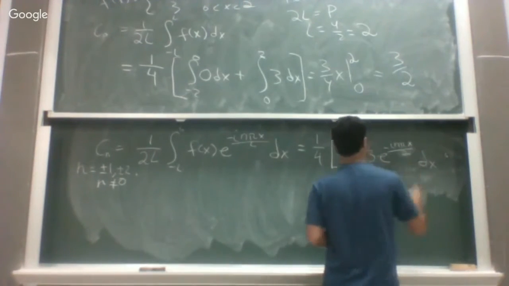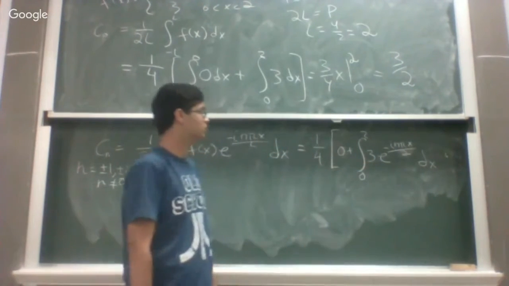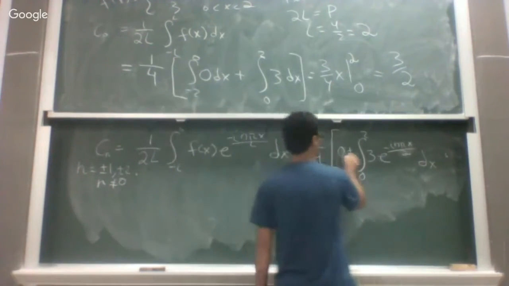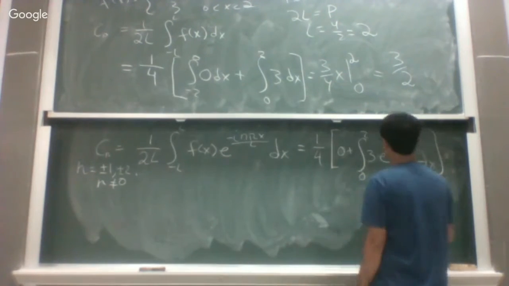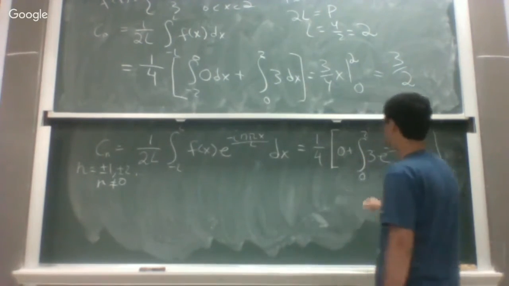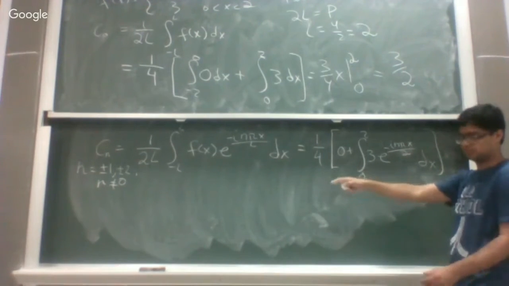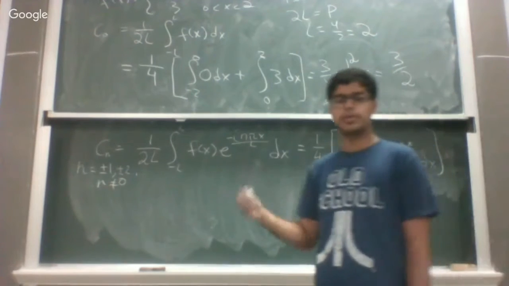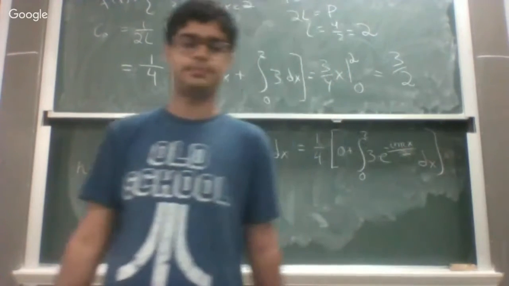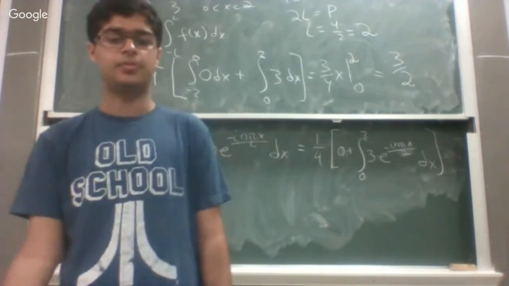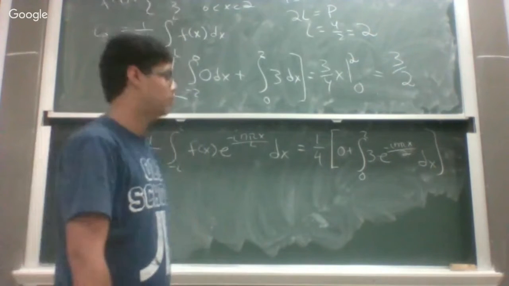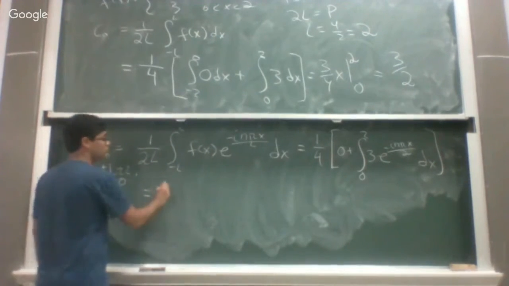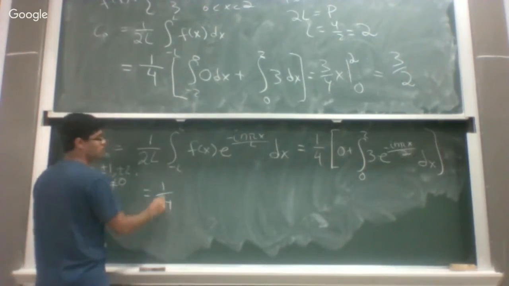Is n always going to be not equal to 0 there? You said n can equal 0. It'll always work out; those are just the limits on c sub n. So then we have to simplify that. That's equal to 1/4, essentially 3/4.